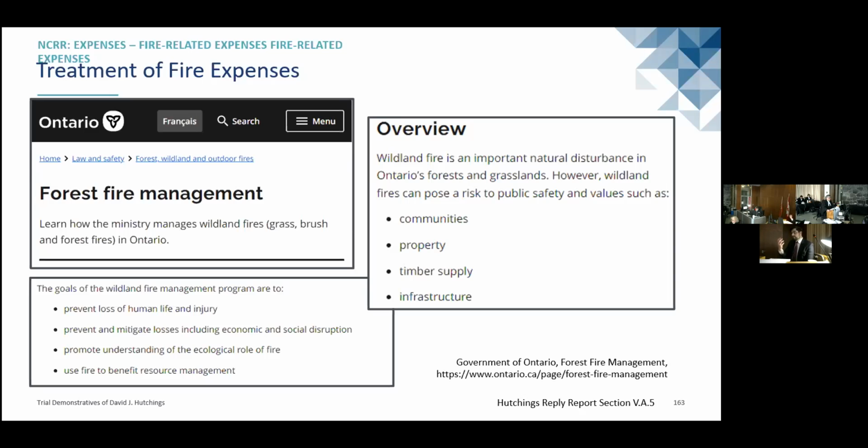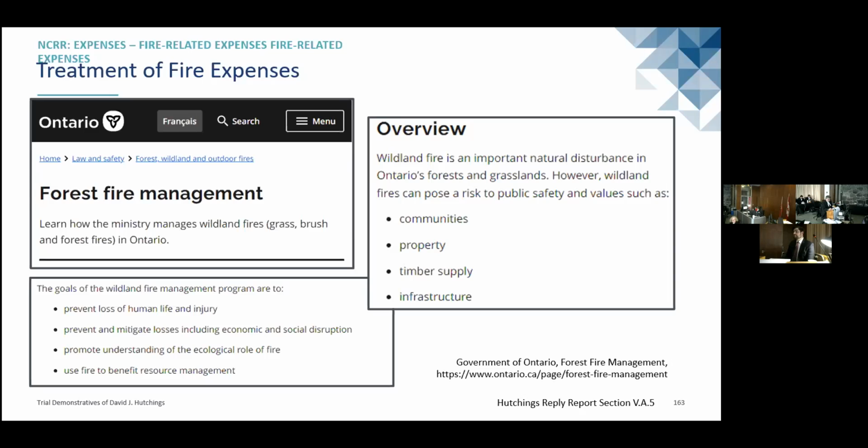But I just want to give an example here of why Ontario tells us they fight fires. So this is slide 163. This is from the Ontario government website on wildland fires. And so they point out that it's an important natural disturbance.